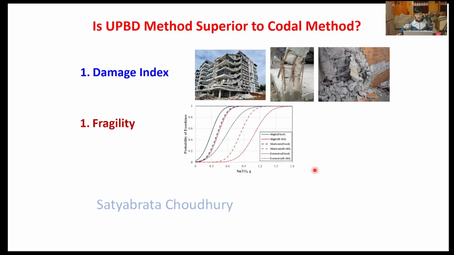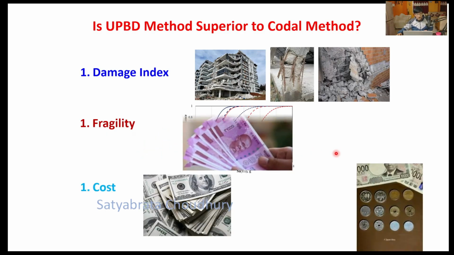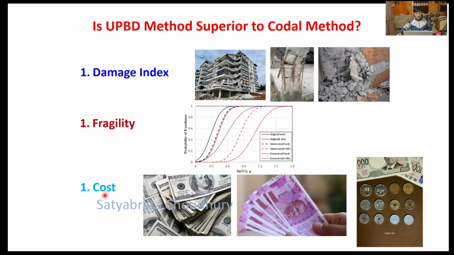Fragility curves give you the probability of damage against certain engineering parameters on the x-axis like spectral acceleration, peak ground acceleration, etc. So this is another method of comparing the superiority of one type of building over the other, and the cost. Obviously, if the cost is less, certainly the building is better.